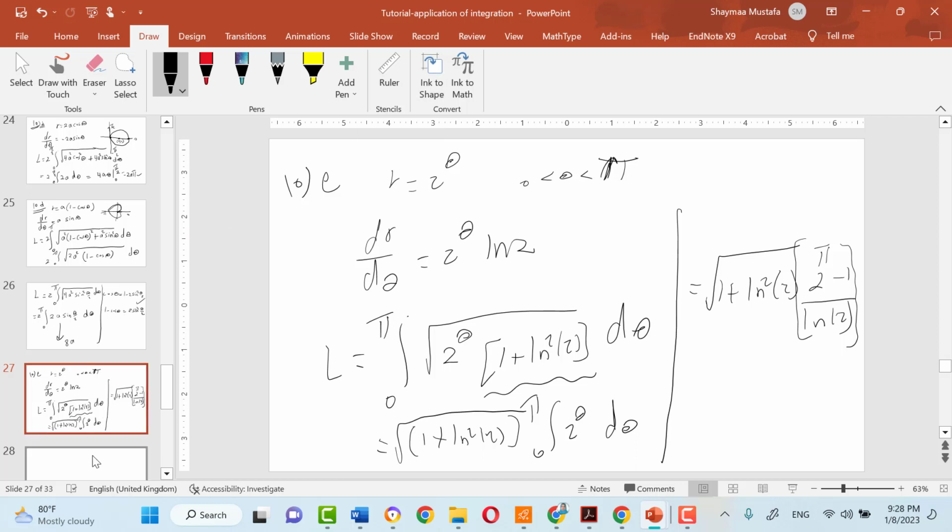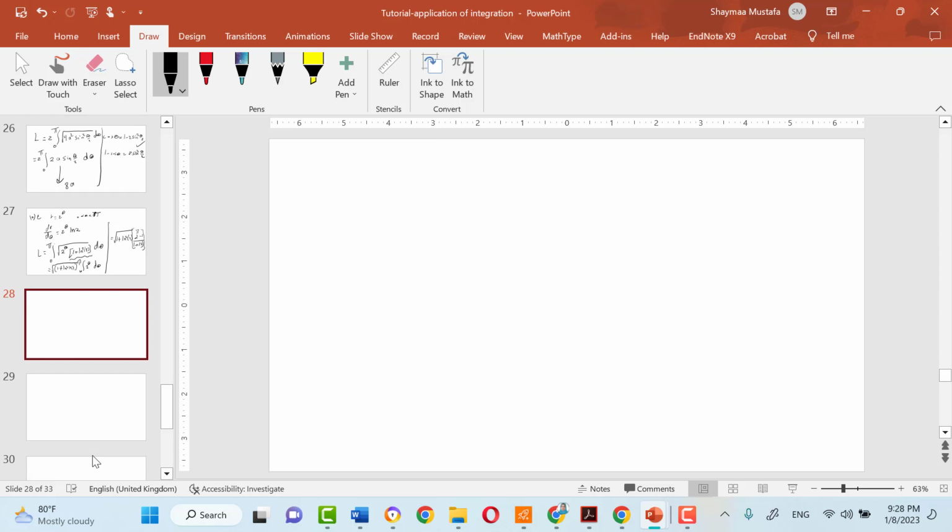Okay, now for question 10f. 10g is okay. For 10f only I will give you the integration, how to do the integration, because I think you have a problem with the integration, maybe, I don't know.